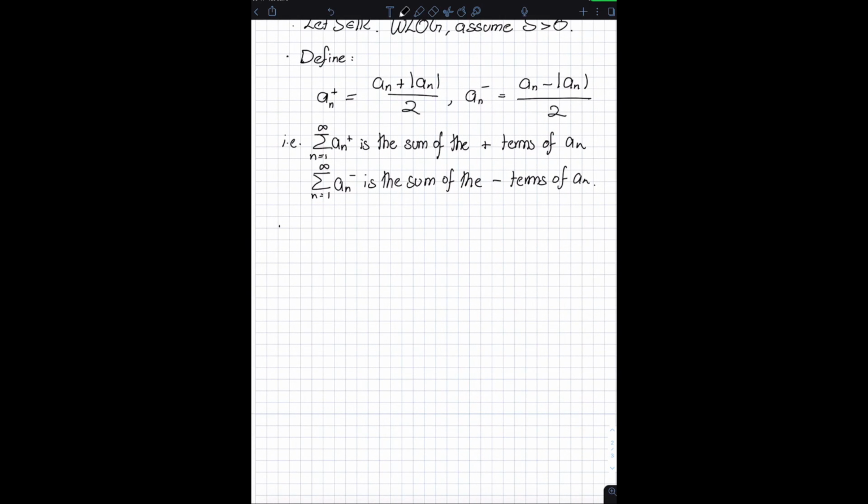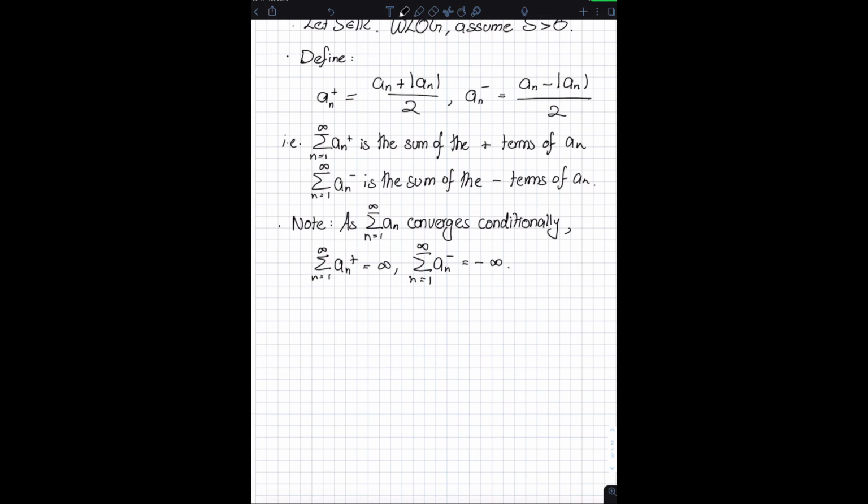Now, one more observation. Note that the summation from n equals 1 to infinity of a of n converges conditionally. So since this converges conditionally, what I know is that the summation from n equals 1 to infinity of a of n positive is infinity, and the summation from n equals 1 to infinity of a of n negative is negative infinity.